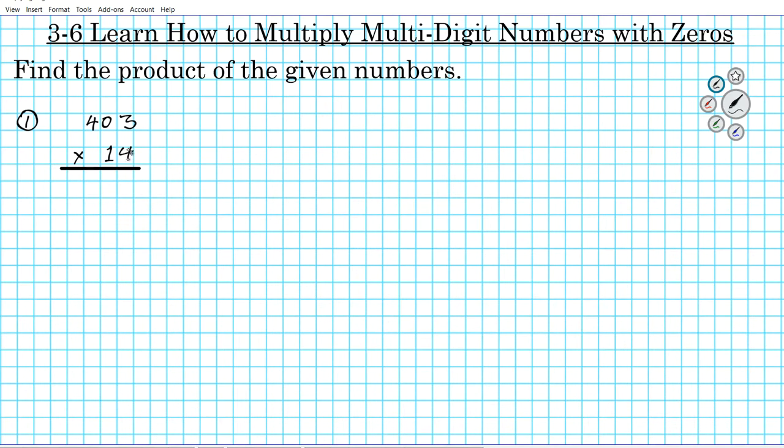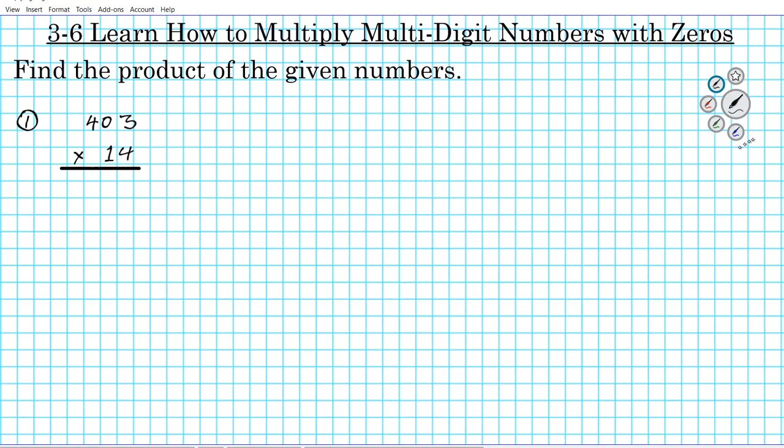You start with the rightmost digit of the multiplicand, distribute it across all the digits of the multiplier. You place the product starting from the bottom place value of that digit, and then you advance to the next digit of your multiplicand and multiply it across all the digits of your multiplier. All right, so let's do it.